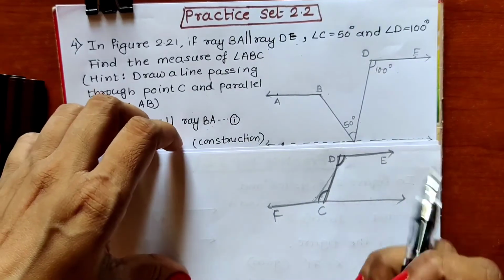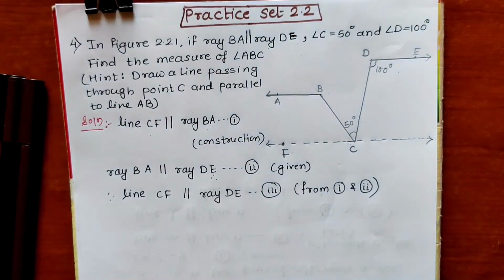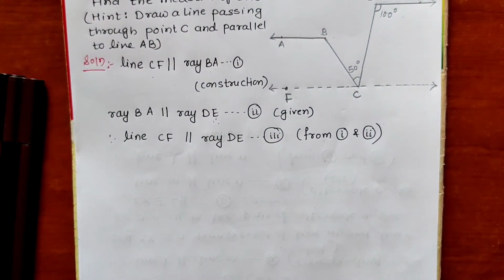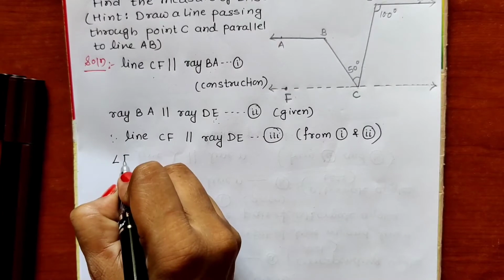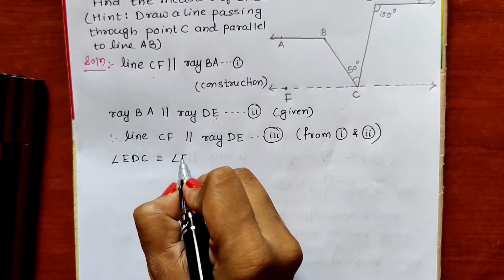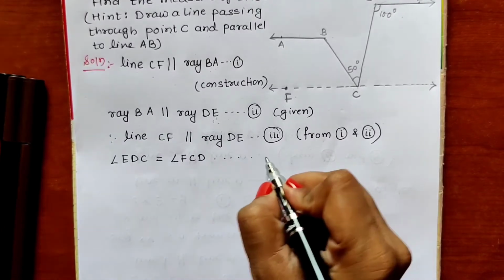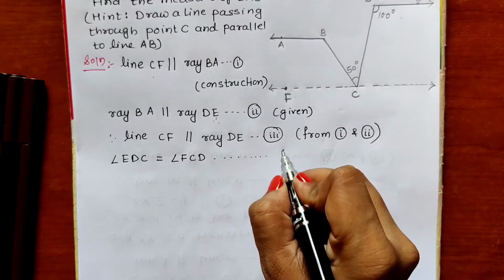So we will be writing angle EDC and FCD. Angle EDC is equal to angle FCD. The reason for this, what will be the reason?